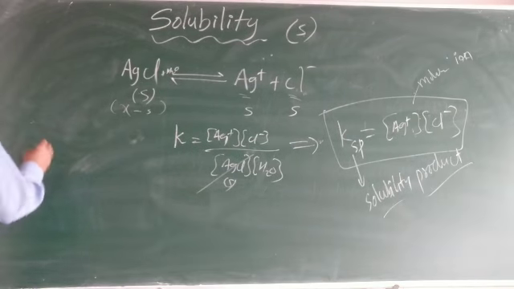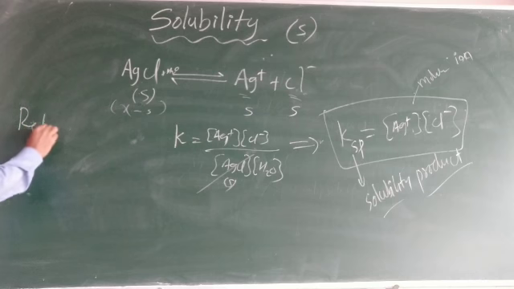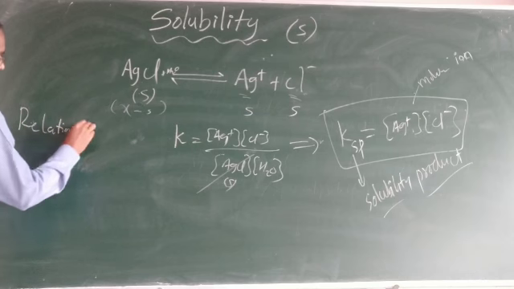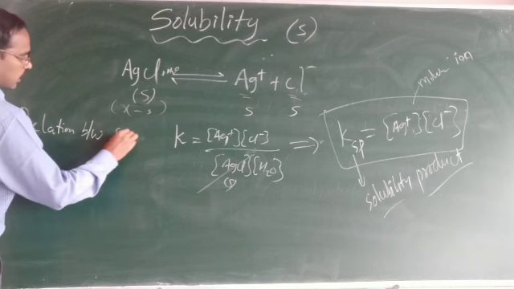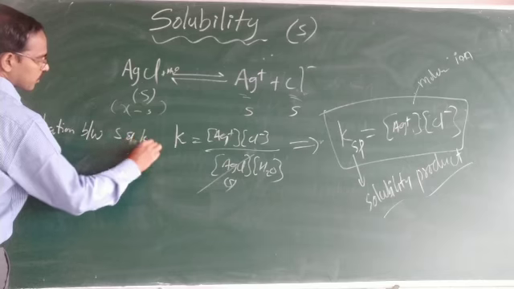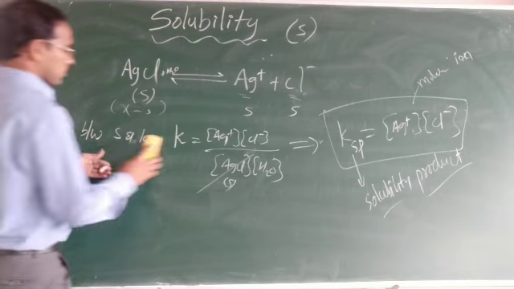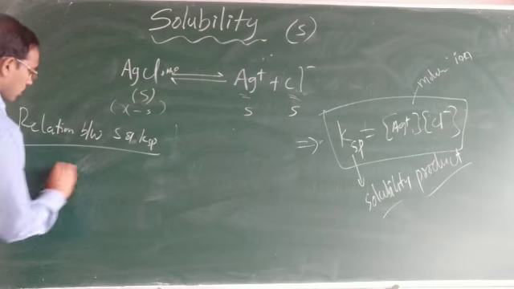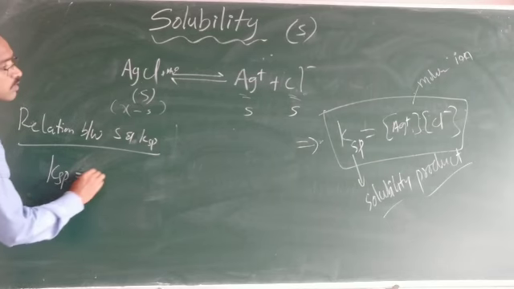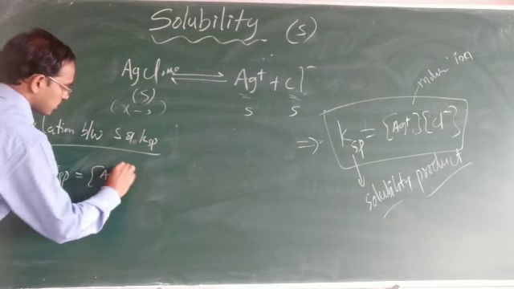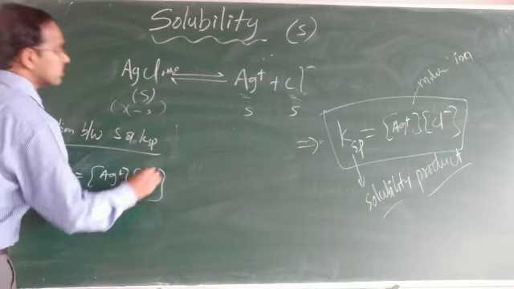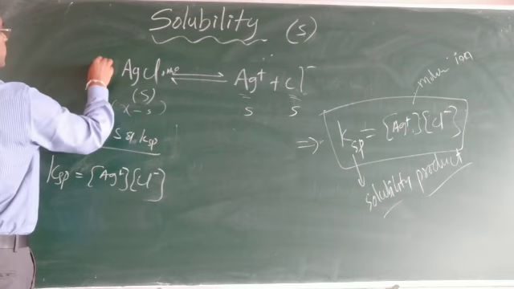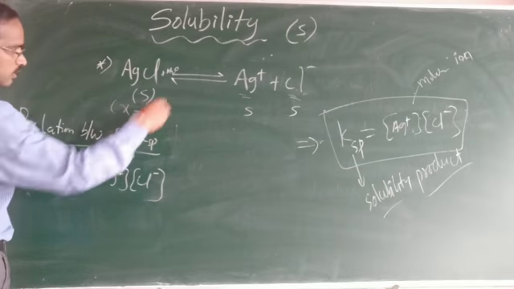Now the relation between S and Ksp. Ksp is Ag plus into Cl minus. In the question, from the main equation, what is the Ag concentration?